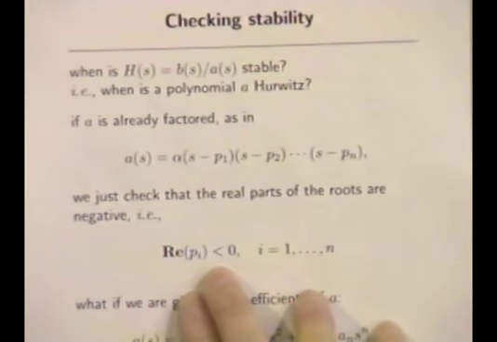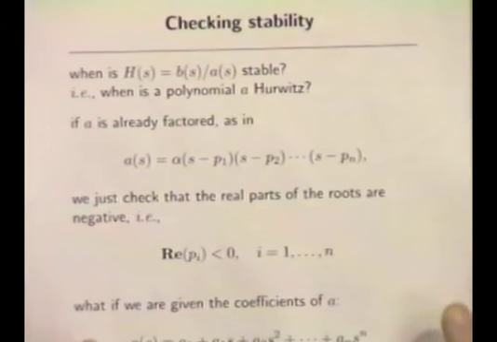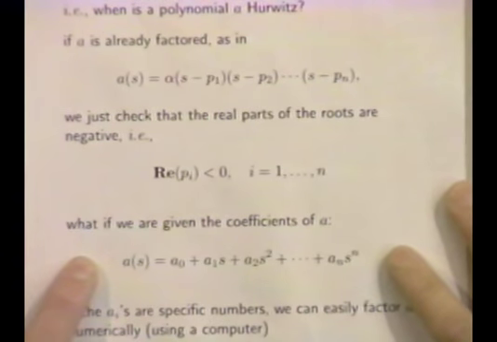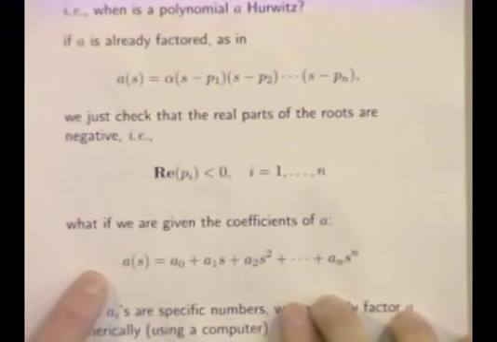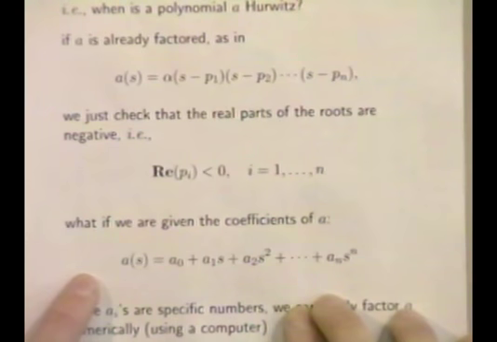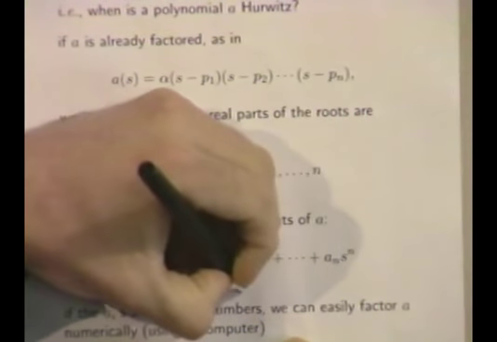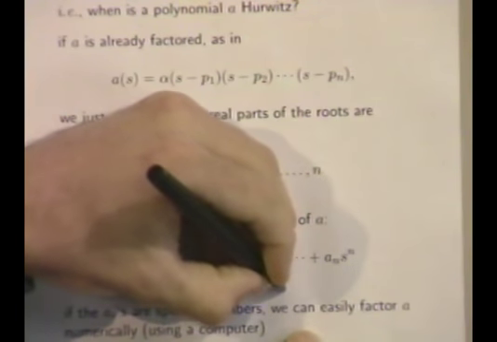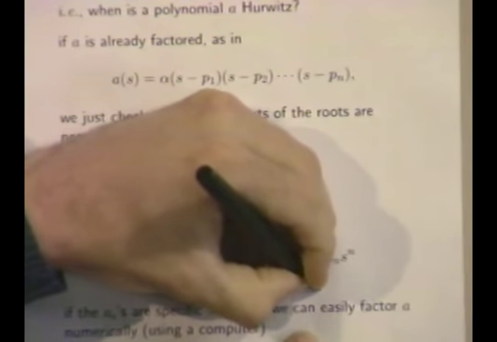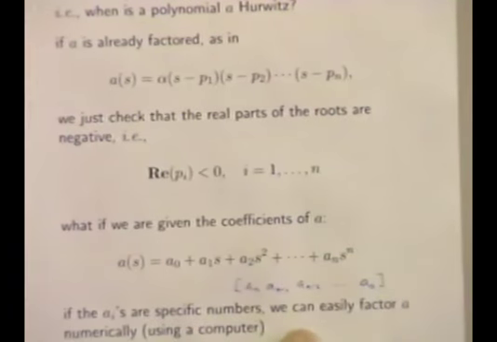If that is the case, then you know your system cannot possibly be stable. But here's a more complicated case where possibly I give you instead the polynomial describing the denominator. For instance, I could pass in MATLAB the vector a_n, a_(n-1), a_(n-2), and so forth, all the way to a_0.